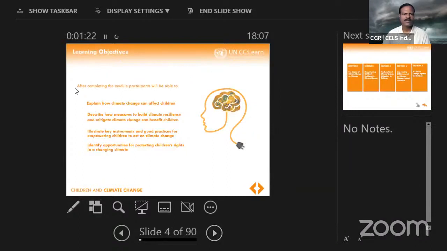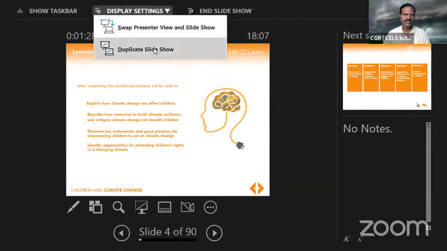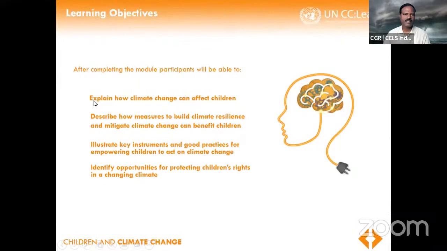So in this particular course, the importance is that it explains how climate change can affect children, and describes how measures to build climate resilience and mitigate climate change can benefit children, and illustrates key instruments and good practices for empowering children to act on climate change, and identifies opportunities for protecting children's rights in a changing climate.